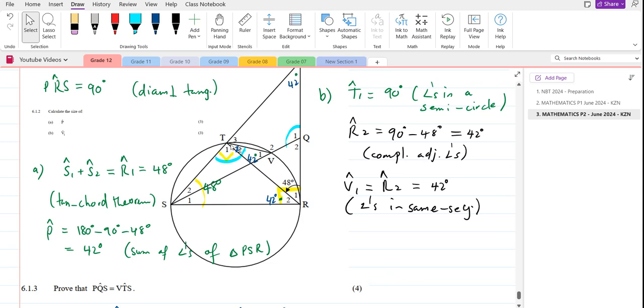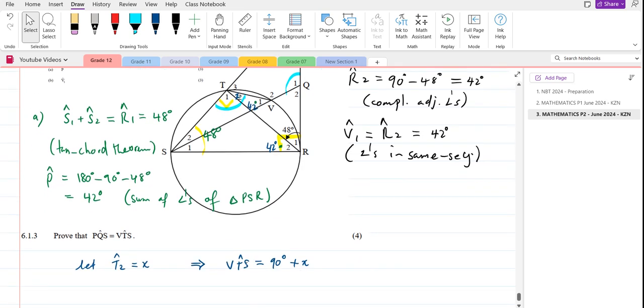Okay, so we have angles in a semicircle, we have a diameter here, and angle T2 is x. We should be able to find it, guys, come on.